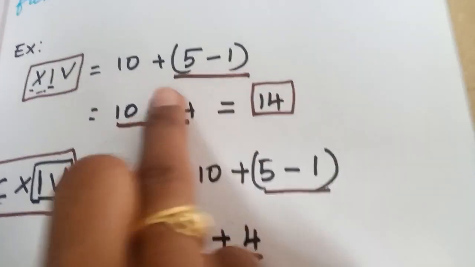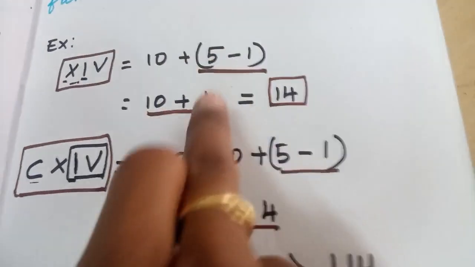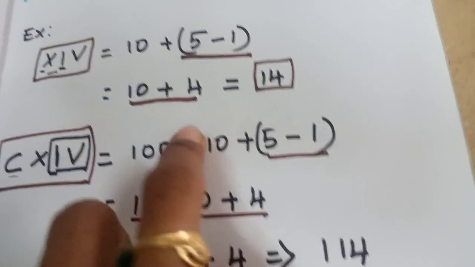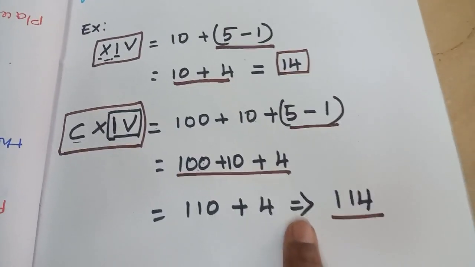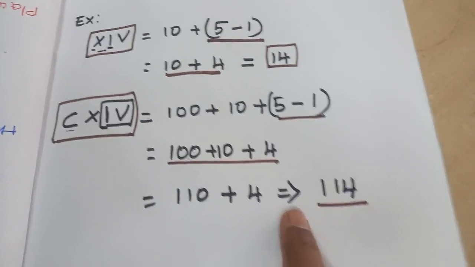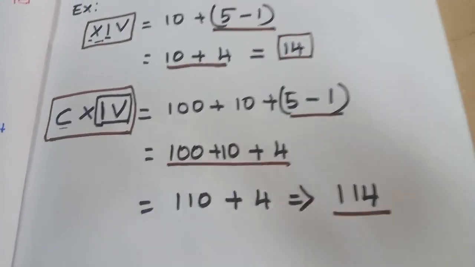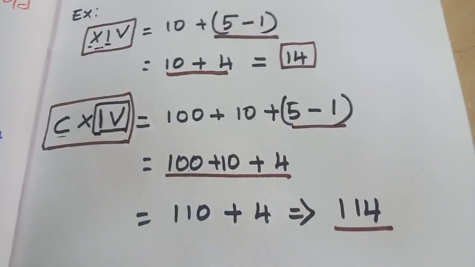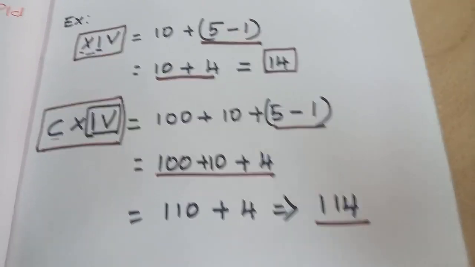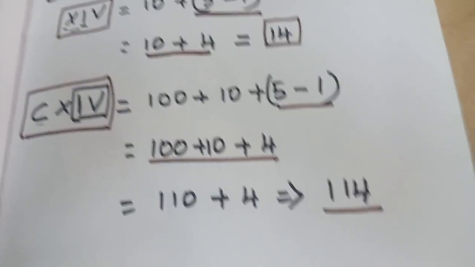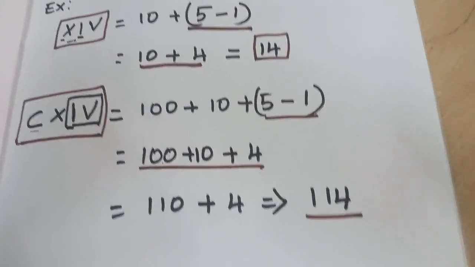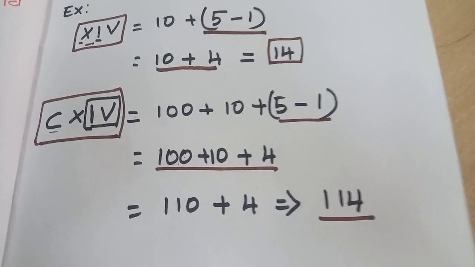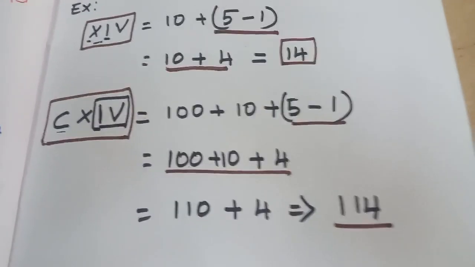Afterwards you do the addition process. Okay, so this is the way you use rule number 4. All the rules, rule number 1, 2, 3, 4, are very important. You have to practice them. Roman numerals is a new topic for you, so you have to concentrate more on this topic.